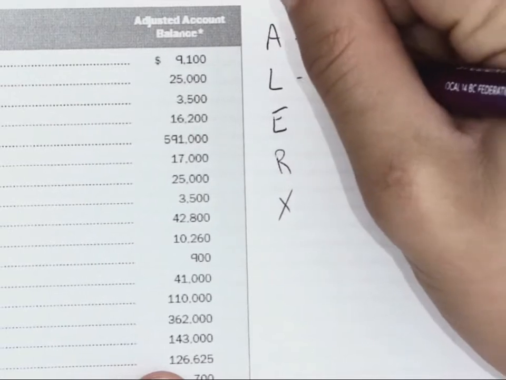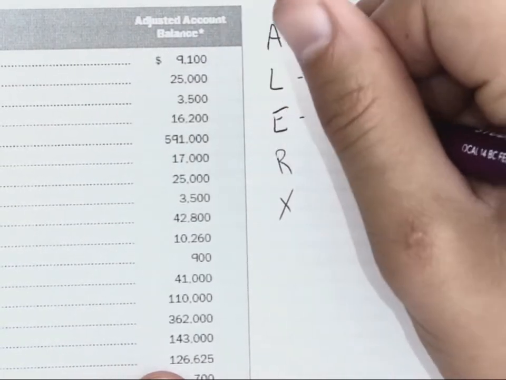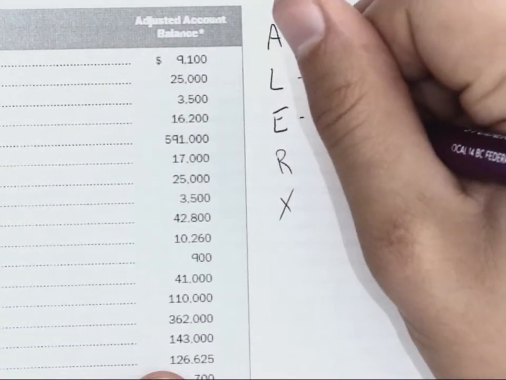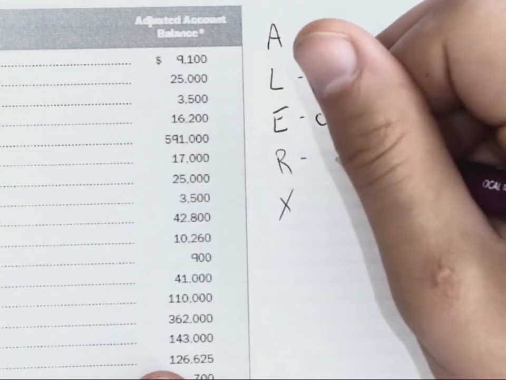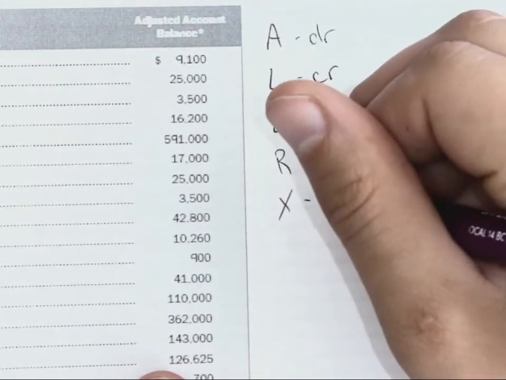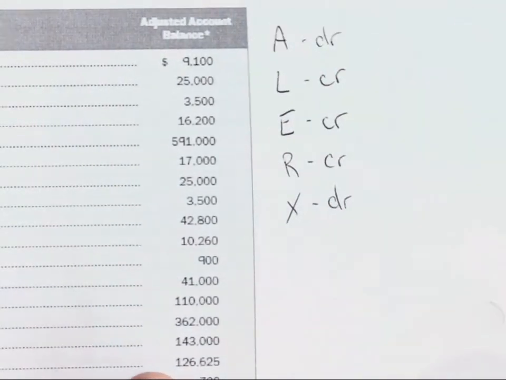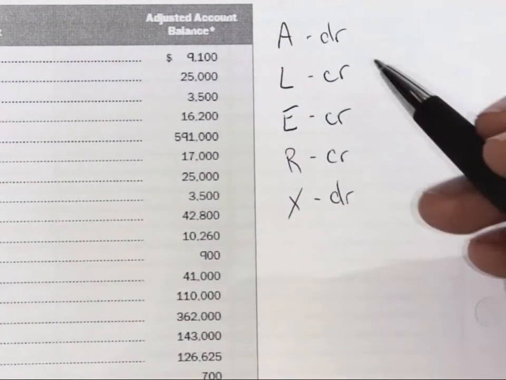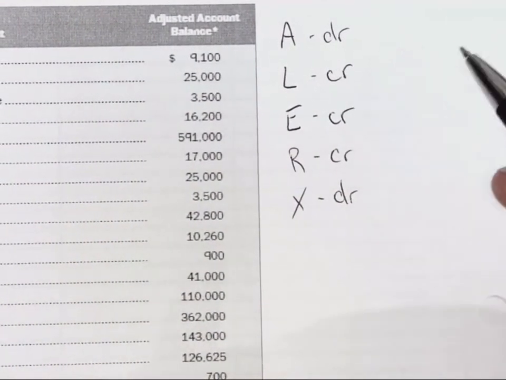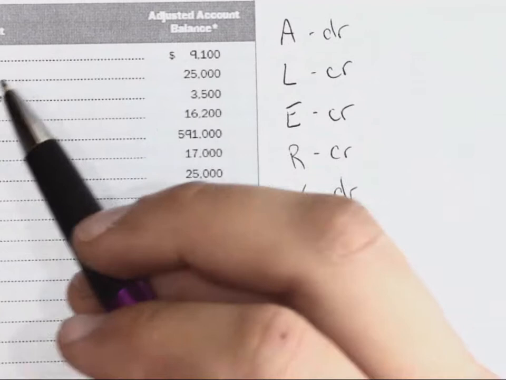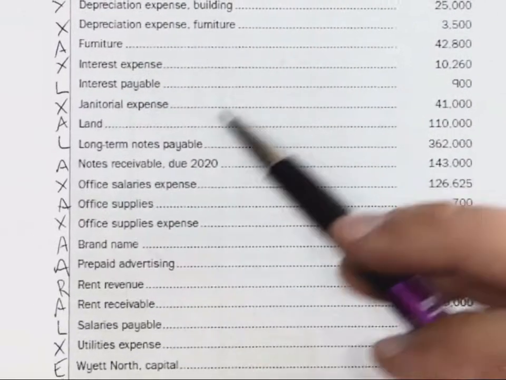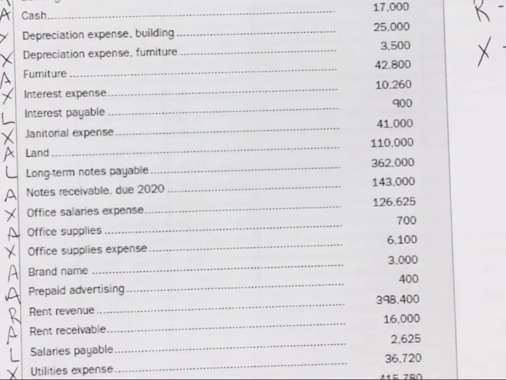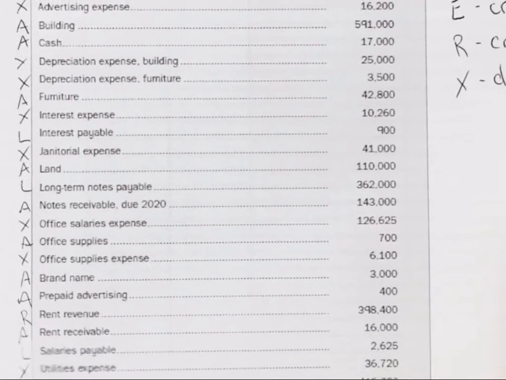Liability, credit. Equity, credit. Revenue, credit. Expenses, debit. So just setting ourselves up, I really recommend on the exam going through, taking your time, getting organized. It'll make your life a lot easier as you get into it.